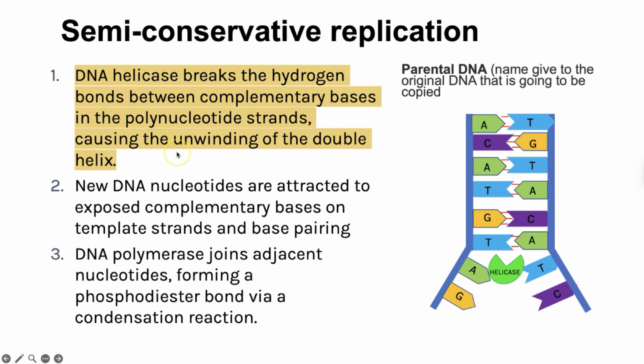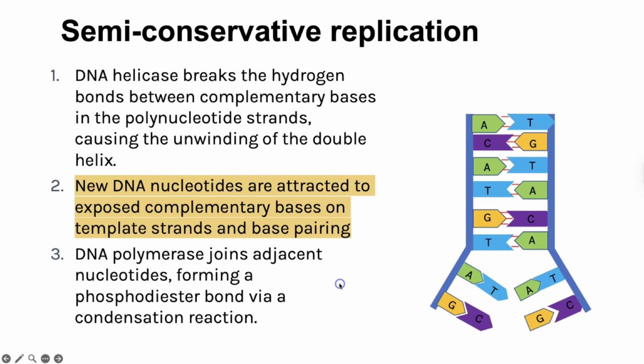Starting with DNA helicase. This is the enzyme that breaks the hydrogen bonds between complementary bases between those two polynucleotide strands. And that then causes the two strands to separate and also the double helix to unwind.